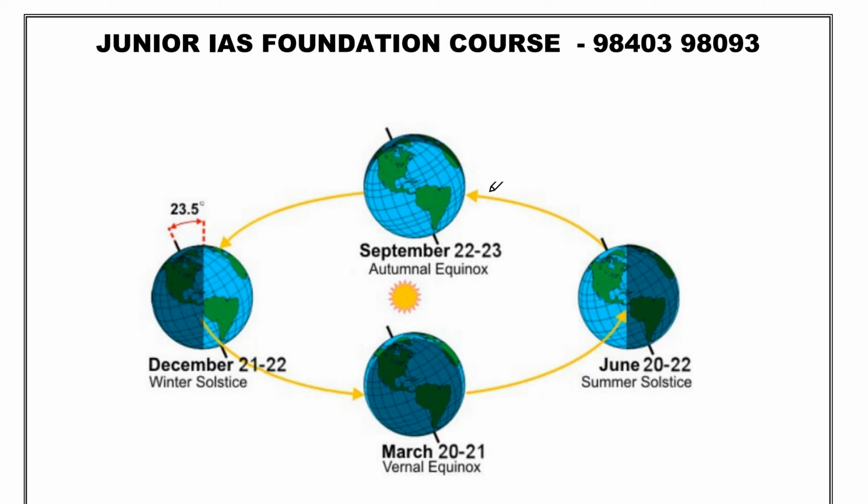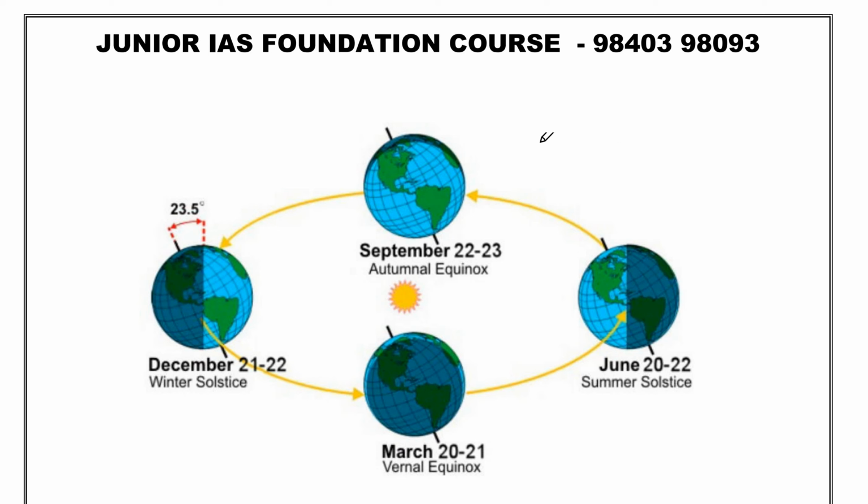Okay, we know that. So what is the main reason for the seasons? The different types of seasons like winter, summer, autumn.